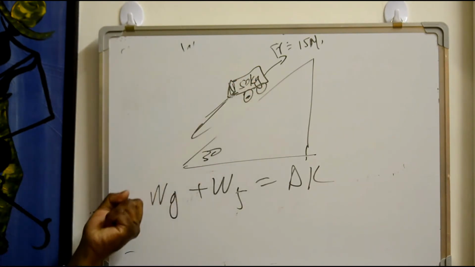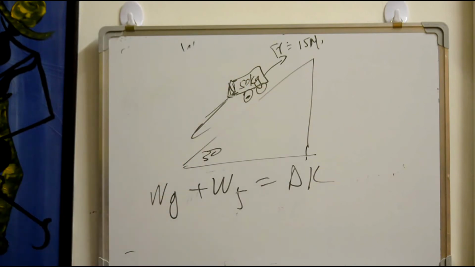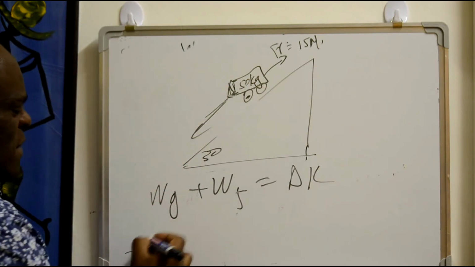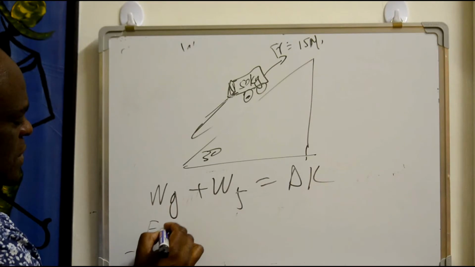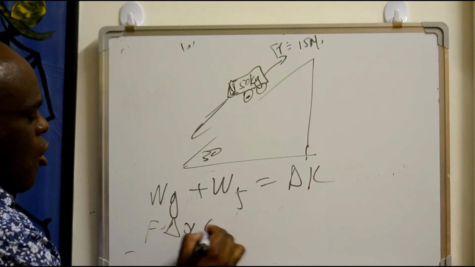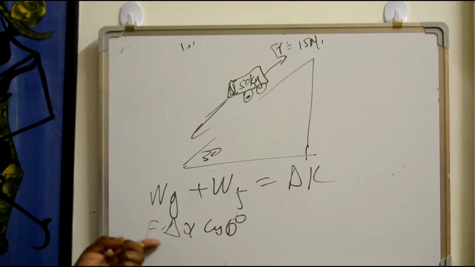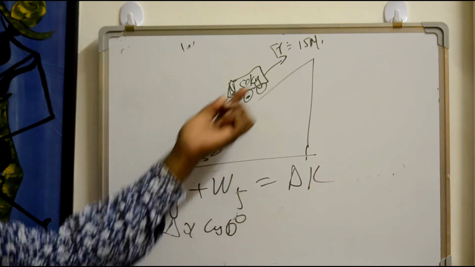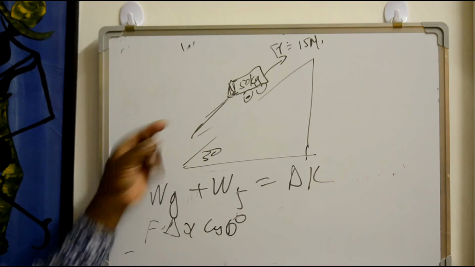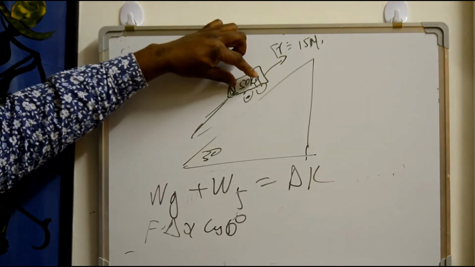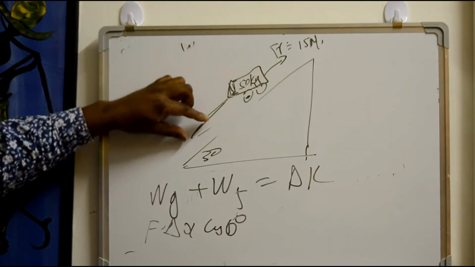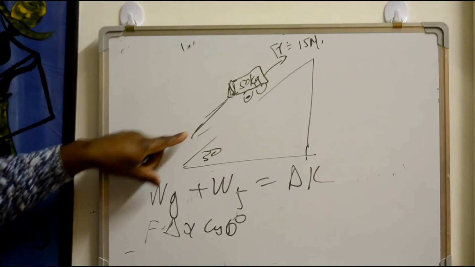My point of emphasis, I won't be doing the whole calculation, is that now the force of gravity is pulling the object and the object is coming down. So work done by the force of gravity will be F delta x cos 0 degrees if the object is coming down, because this object is in the direction of the force of gravity.